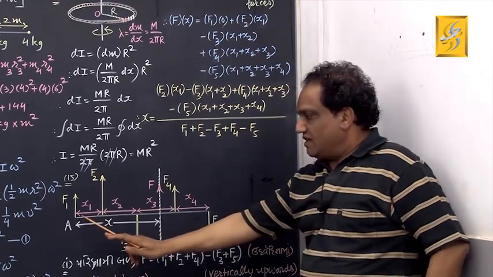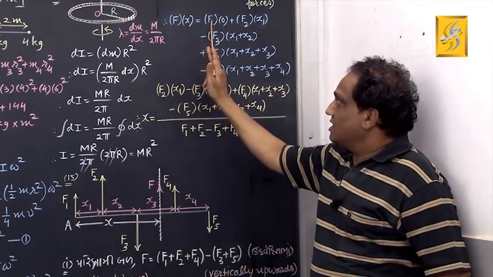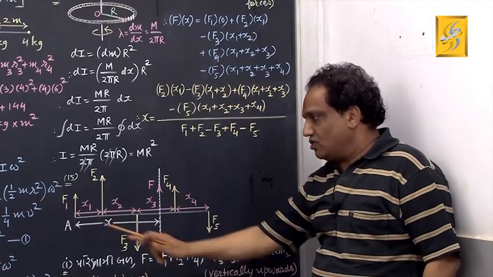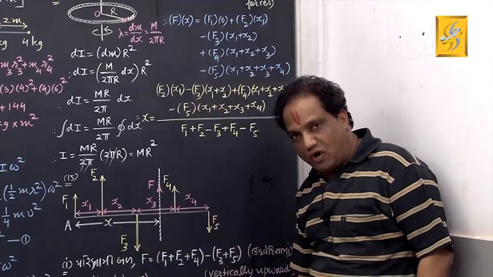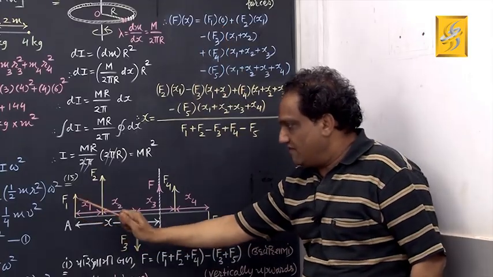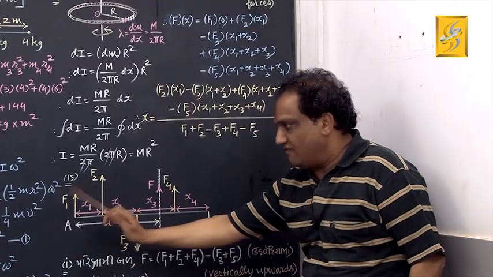Where is F1? Upward, so take it positive: plus F1 into the perpendicular distance of the line of action of force F1 from this reference point. That perpendicular distance is 0 because this point itself is lying on the line of action of force F1.